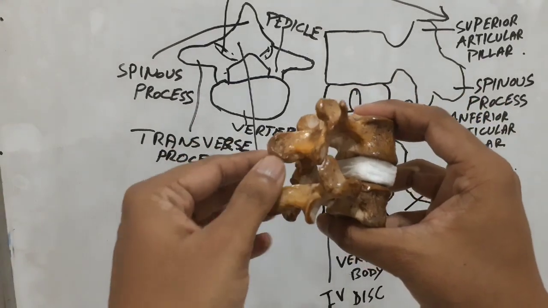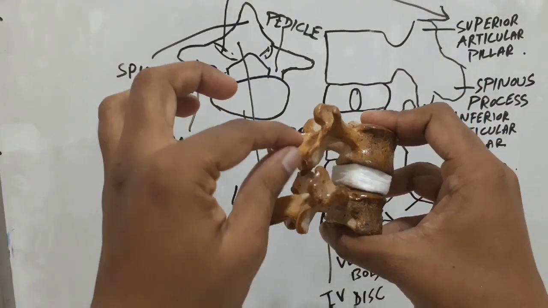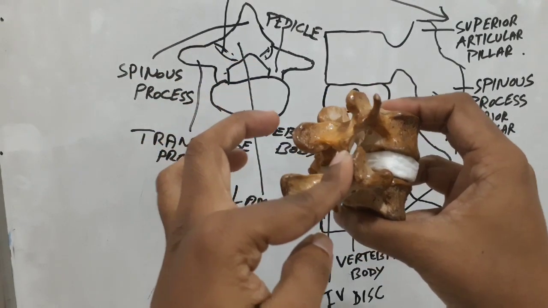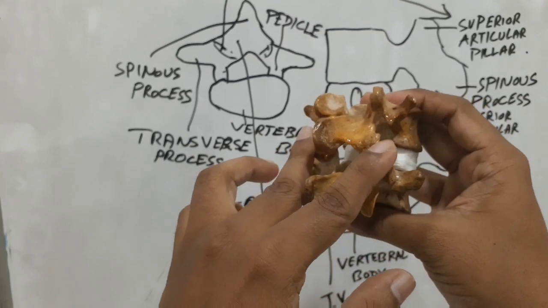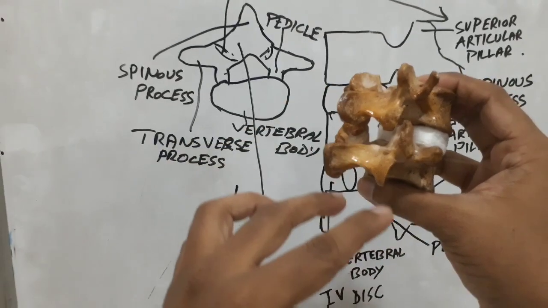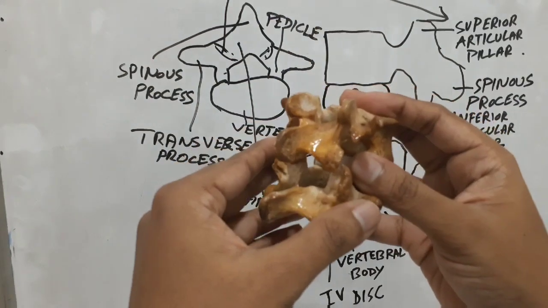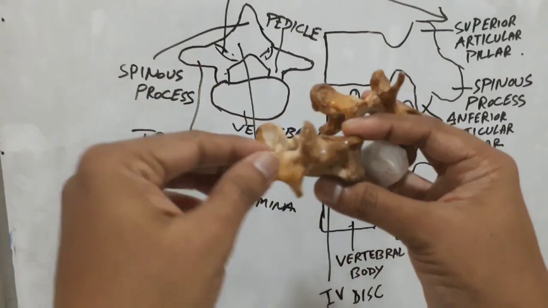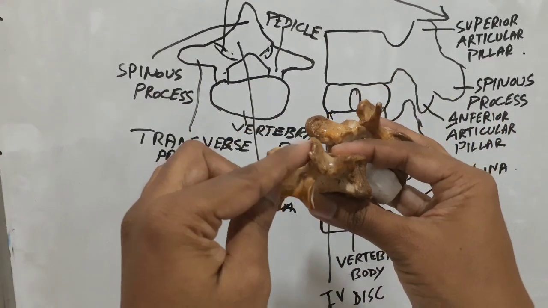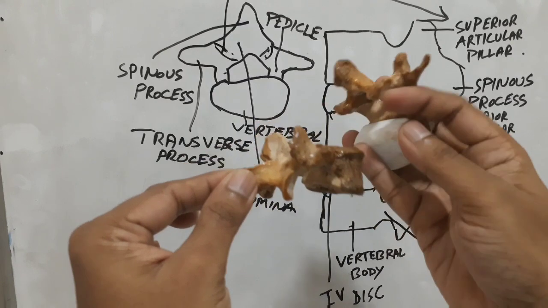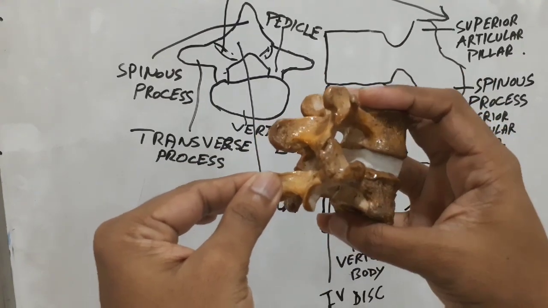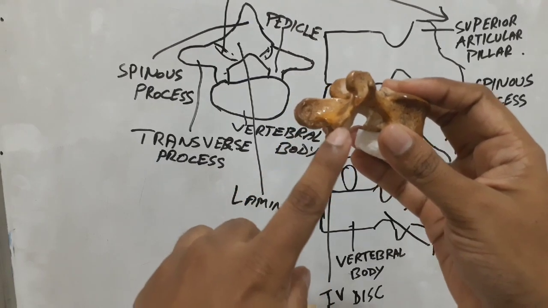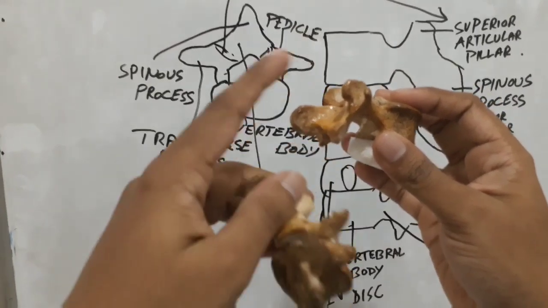The articulations, as I have told you: the superior articular facet articulates with the inferior articular facet on both the sides. If I have to tell you properly, the superior articular facet of a lumbar vertebra articulates with the inferior articulating facet of the vertebra above.